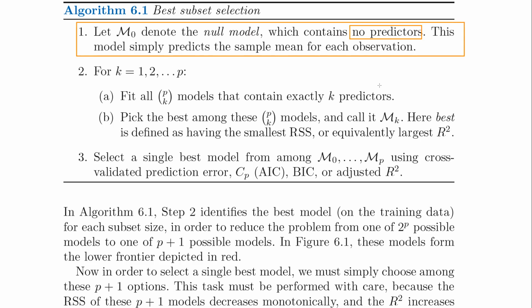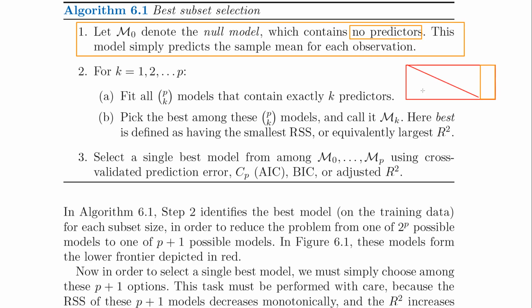So from your data, if this is your data set, you're going to exclude everything with the exception of the response variable, right?